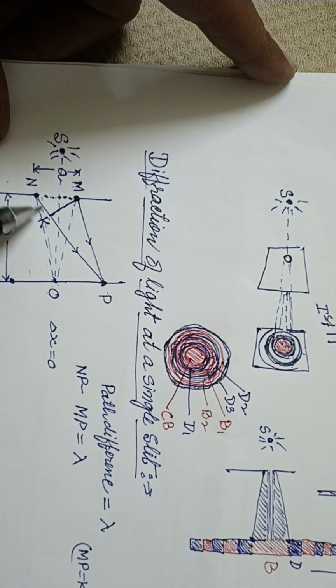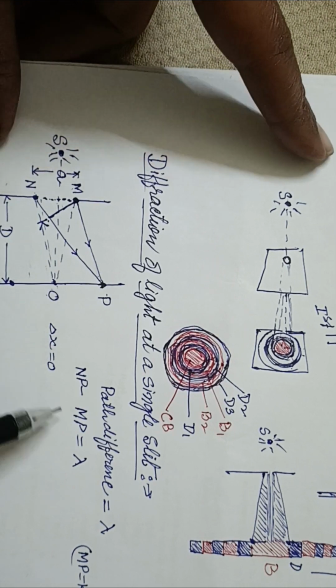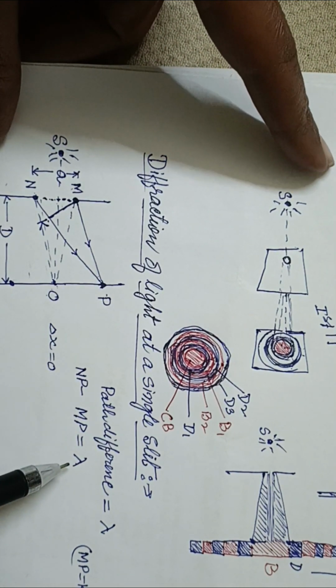So NK is the extra length, this is the path difference, NK is the path difference, and we suppose that it is lambda.